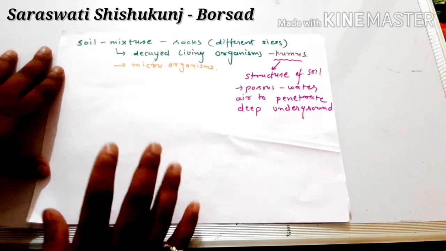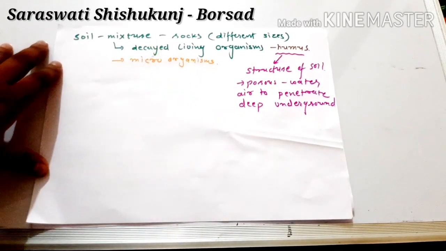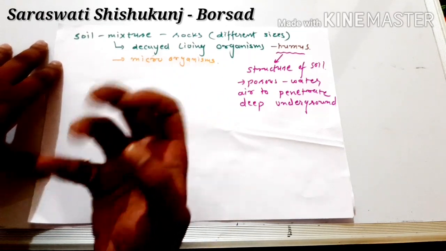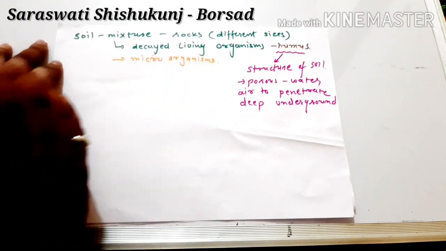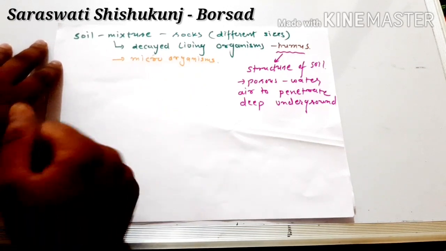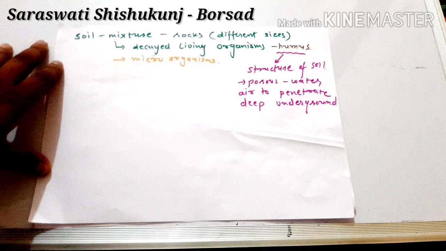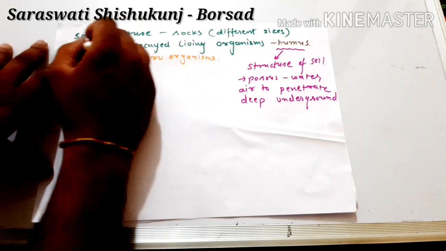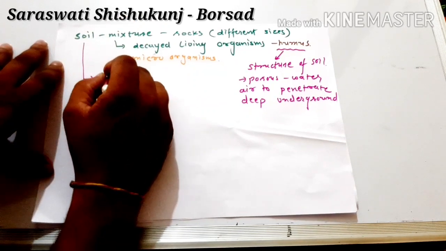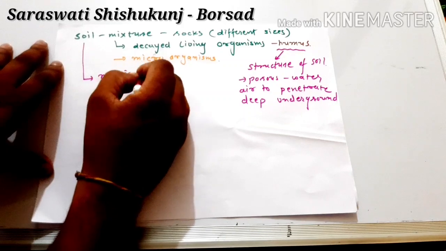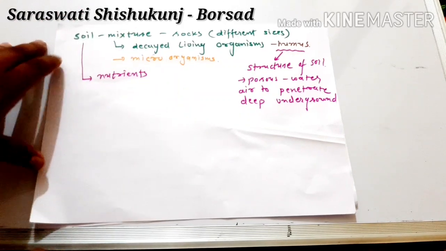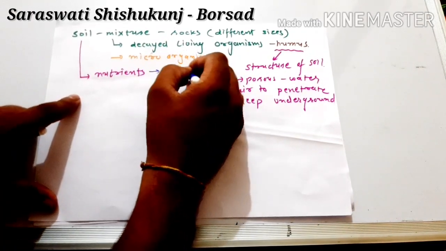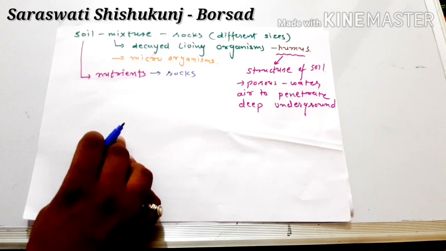The mineral nutrients that are found in a particular soil depend on the rock and how that rock was formed, right? So the minerals present depend on which type of rock the soil is formed from. Nutrient content depends on the rock. So we can say that the nutrients present in soil depend on the rocks from which it is formed, right?